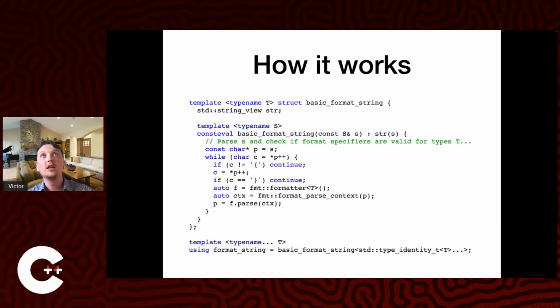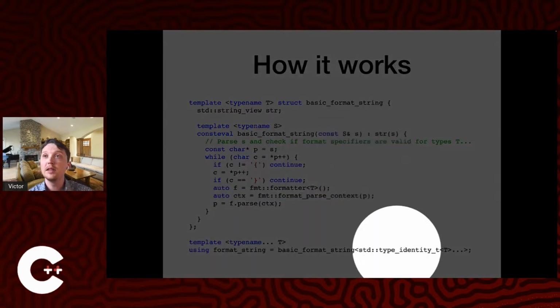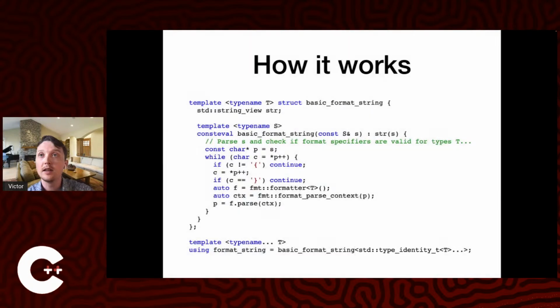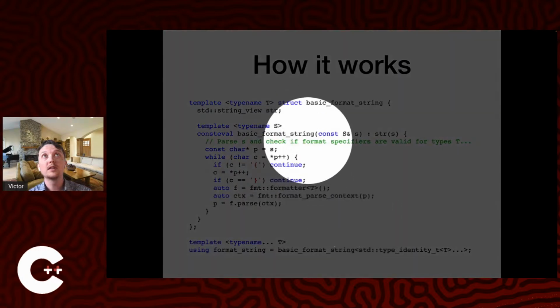So this was a generic format string version, which is parameterized on formatting arguments. And here we need to use the type identity thing that I mentioned previously. The reason is that we want to suppress template argument deduction. Otherwise, our implicit constructor won't be called here.